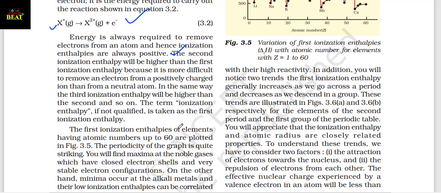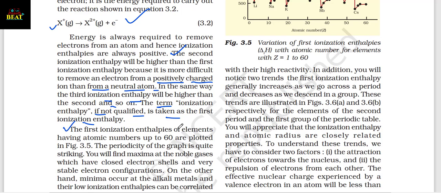The second ionization enthalpy will be higher than the first because it is more difficult to remove an electron from a positively charged ion than from a neutral atom. In the same way, the third ionization enthalpy will be higher than the second and so on. The term ionization enthalpy, if not qualified, is taken as the first ionization enthalpy.